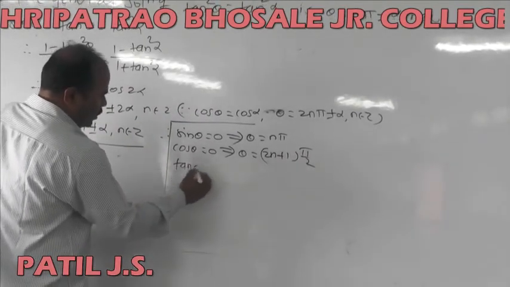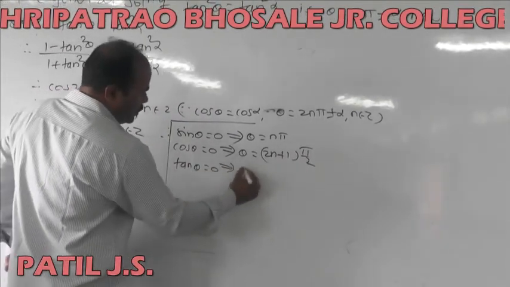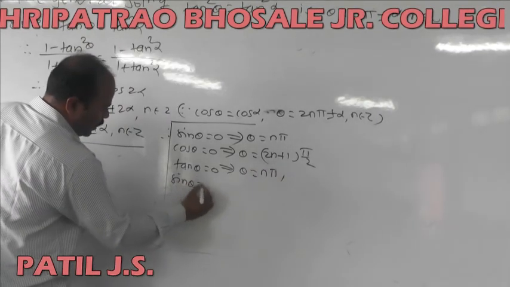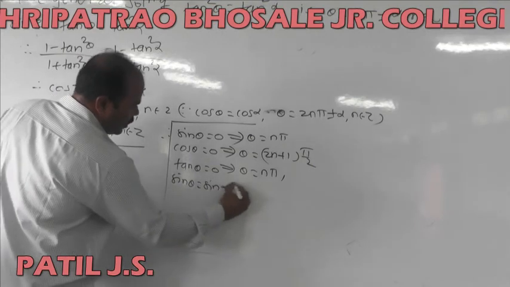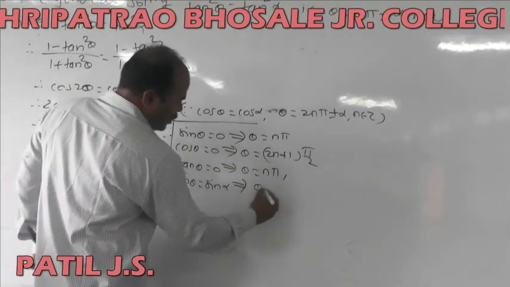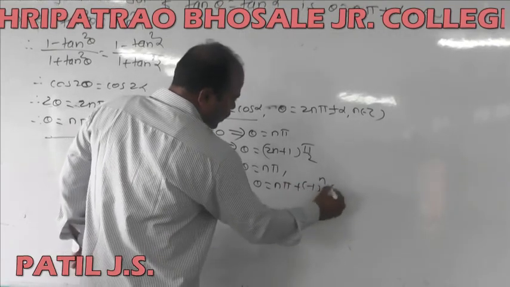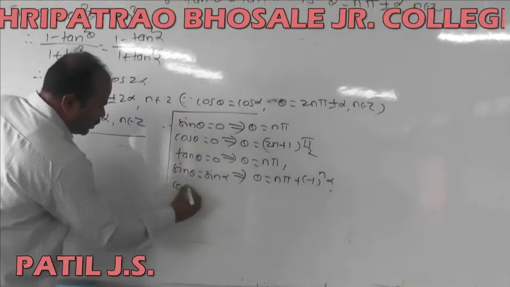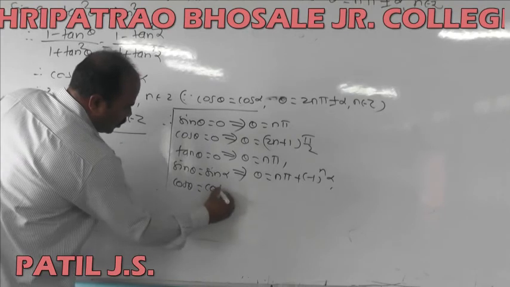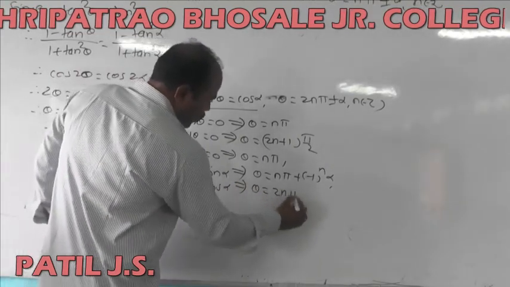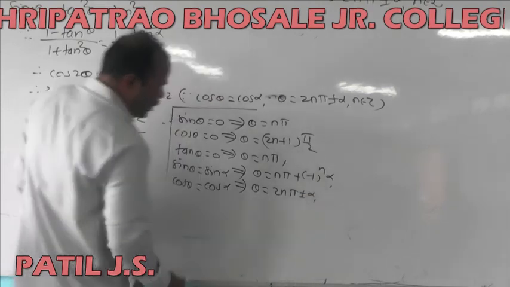Tan theta is equal to 0 implies theta is equal to n pi. Next, sin theta is equal to sin alpha implies that theta is equal to n pi plus minus 1 to the power n into alpha. Next, cos theta is equal to cos alpha implies theta is equal to 2n pi plus or minus alpha.